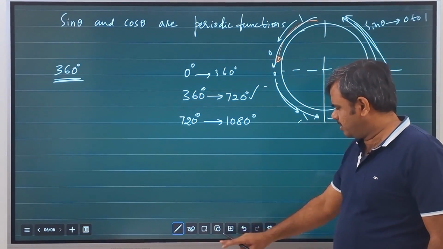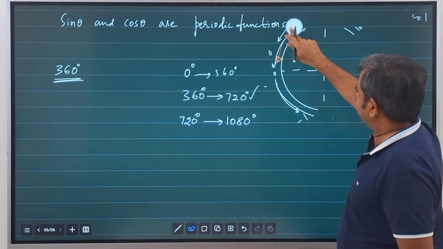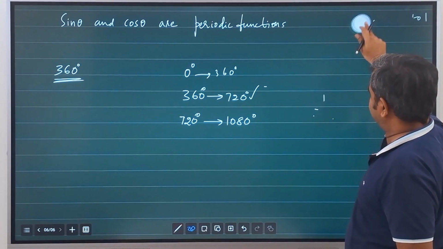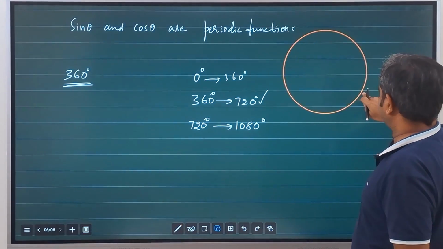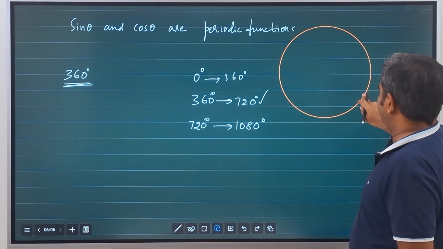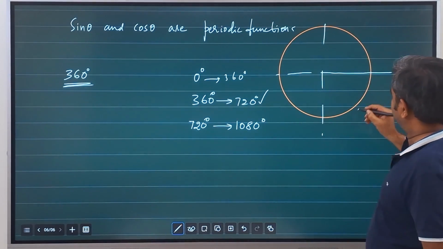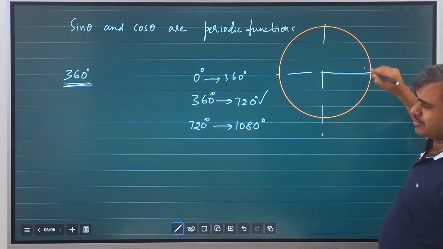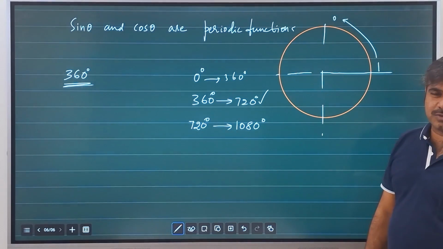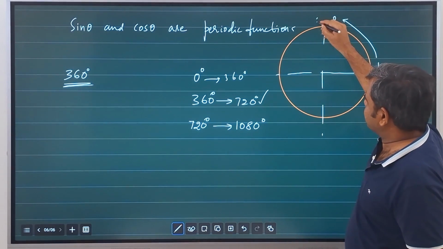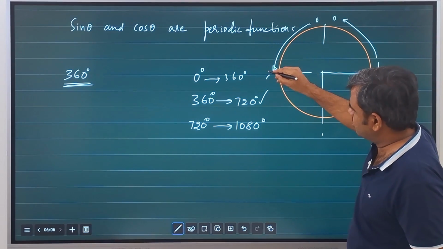Look at the cosine function. You know, as theta increases from 0 degrees to 90 degrees, cos theta decreases its value from 1 to 0. As theta increases from 90 degrees to 180 degrees, cos theta value decreases from 0 to -1.